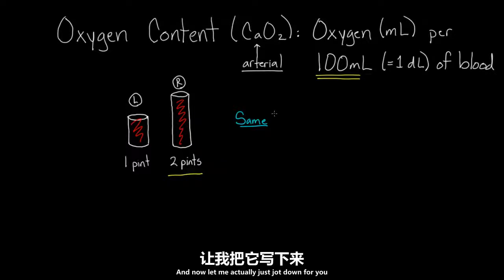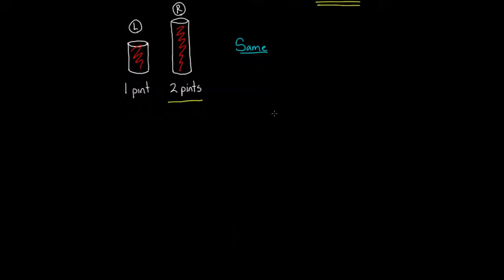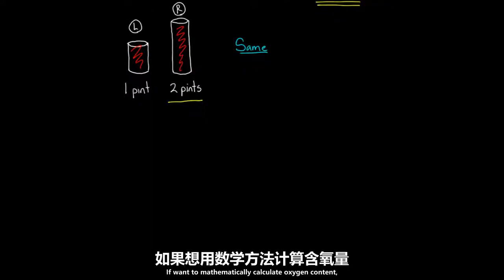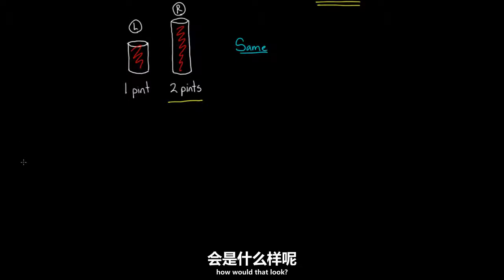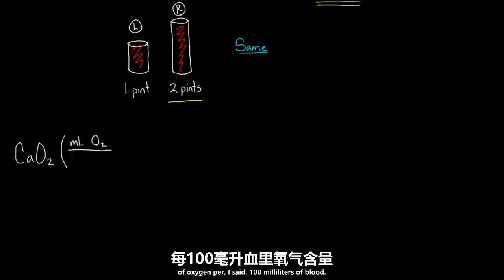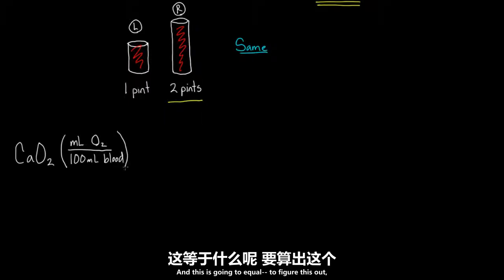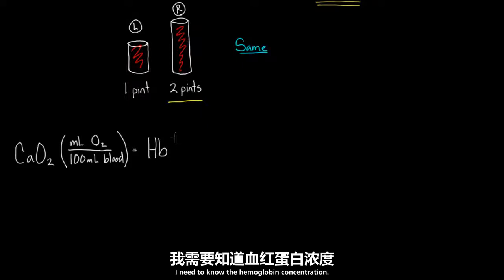And now let me jot down for you the exact equation, the formula. If you wanted to mathematically calculate oxygen content, how would that look? Well, CaO2 is quicker to write, so let me just jot that down. And the units on this are milliliters of oxygen per 100 milliliters of blood. So these are the units here. And this is going to equal, to figure this out, I need to know the hemoglobin concentration.